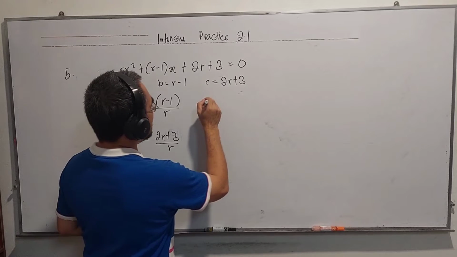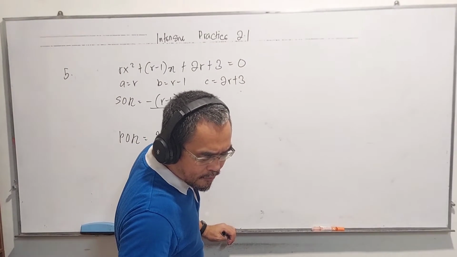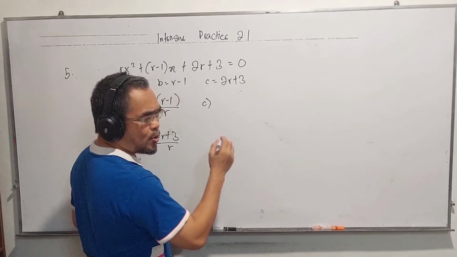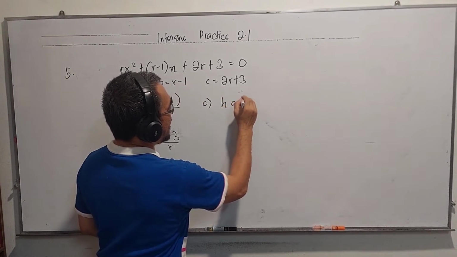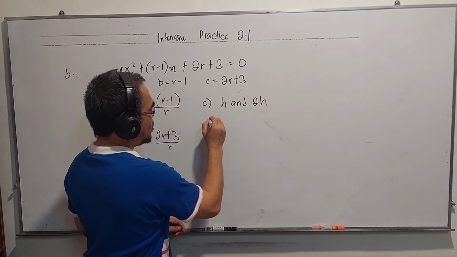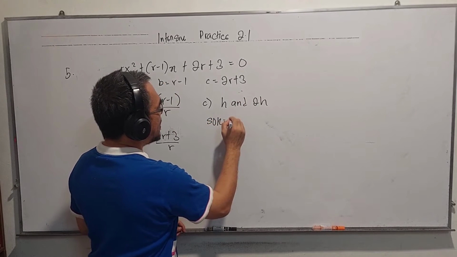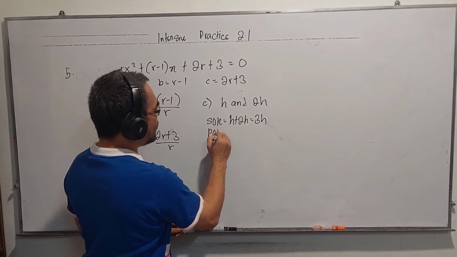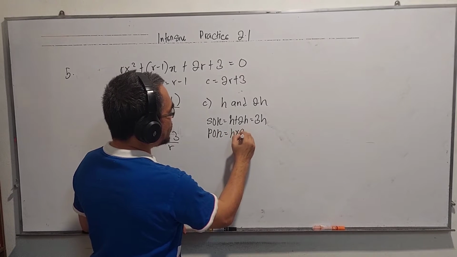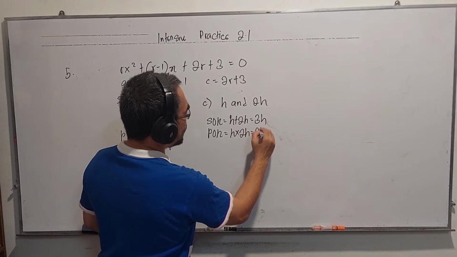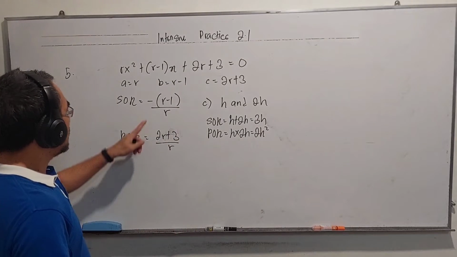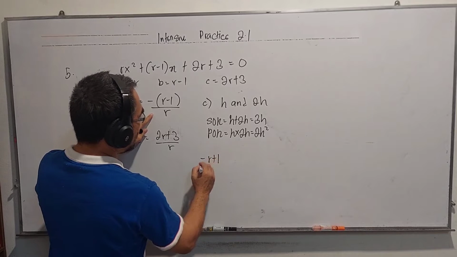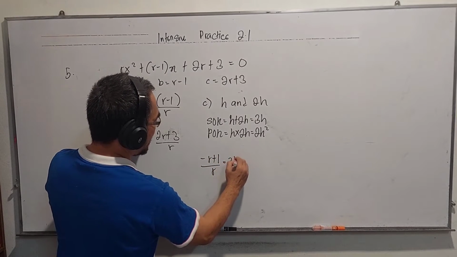Okay, for question C, one of the roots is twice the other root. So let the roots be h and 2h. The sum of roots will be h plus 2h, which is 3h. The product of roots is h times 2h, which is 2h squared. Let's compare the sum of roots. So negative (r minus 1) over r equals 3h.